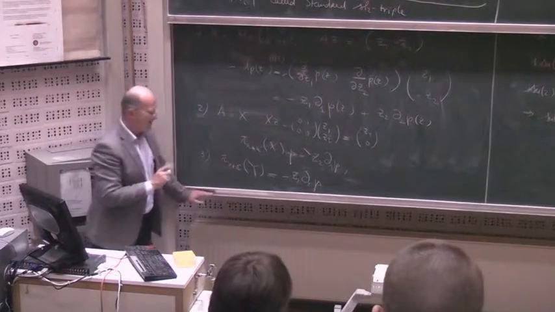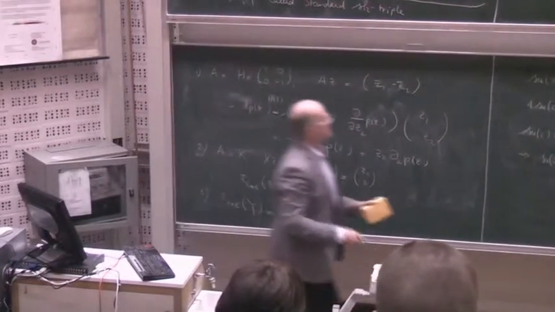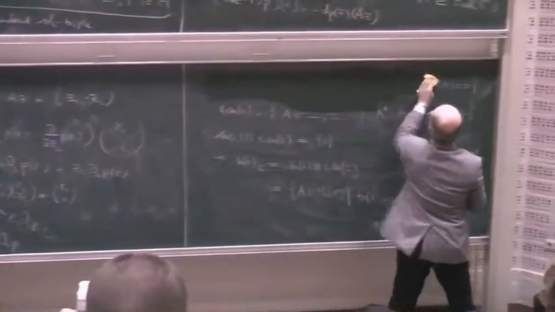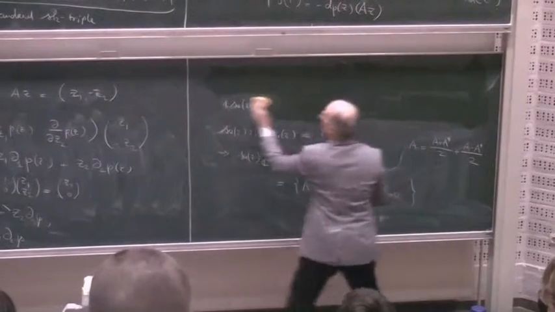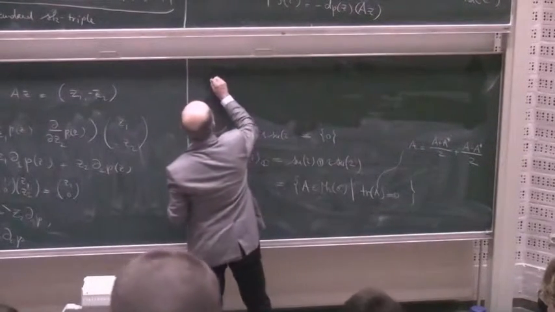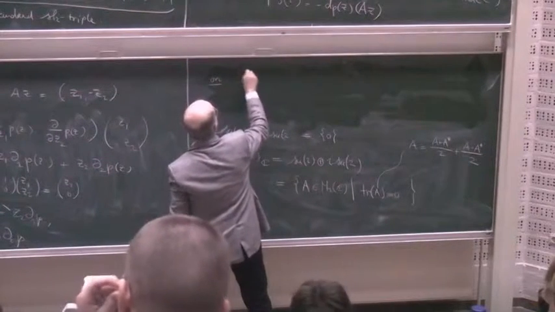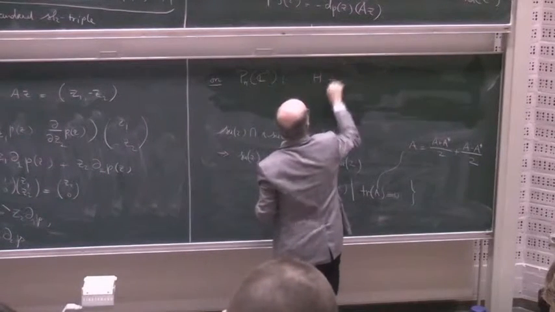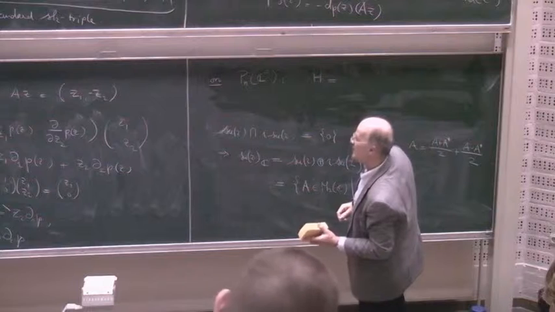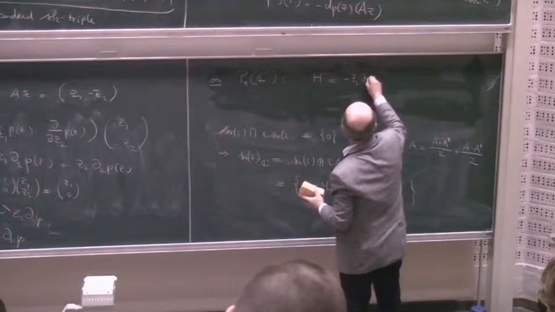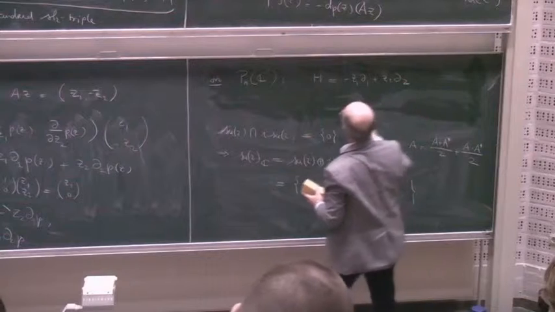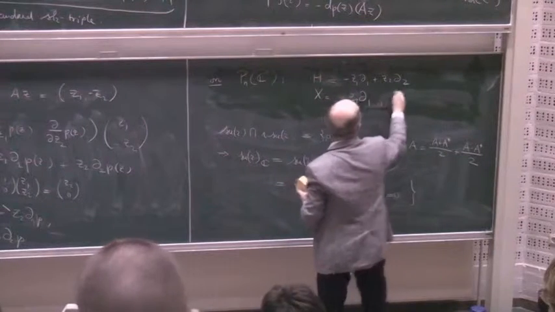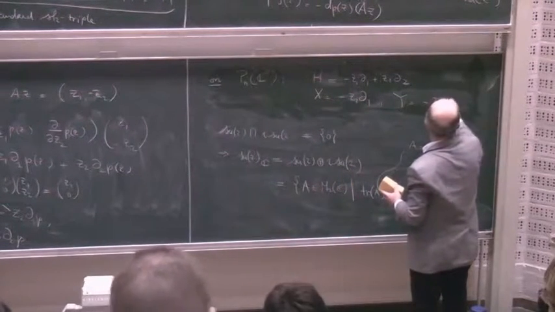So now we do have a basis of our representation space. We now know what the actions are, and maybe it's a good idea to repeat it here. Let's write it differently. On the space of homogeneous polynomials of degree n, we have that H behaves like minus z1 D1 plus z2 D2, X behaves like minus z2 D1, and Y behaves like minus z1 D2.